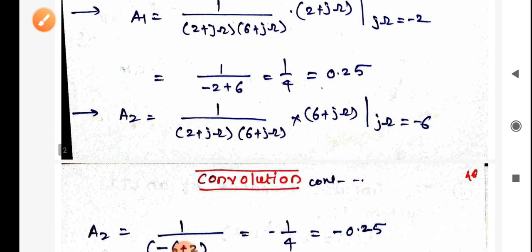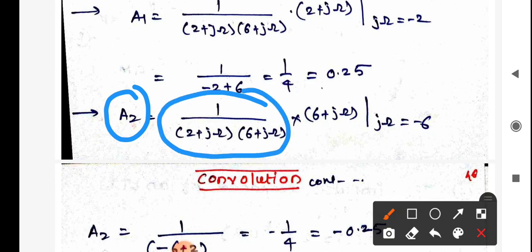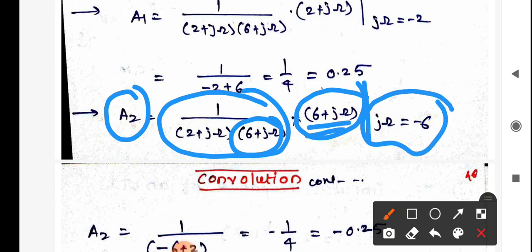Similarly, if I move further, I am required to obtain the value of a2. The entire equation is multiplied by the denominator of a2. What is the denominator of a2? 6 plus j omega. That's why it is multiplied by 6 plus j omega. And the entire thing is evaluated at 6 plus j omega equals 0. That means j omega equals minus 6, right?